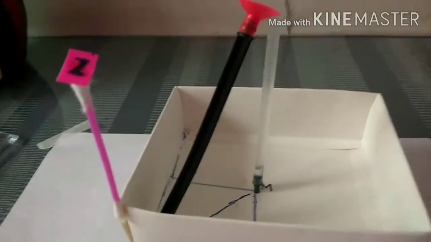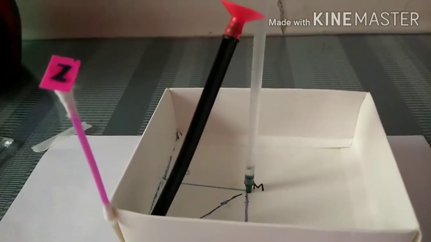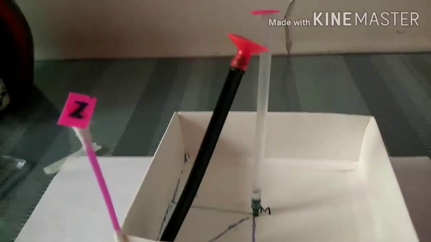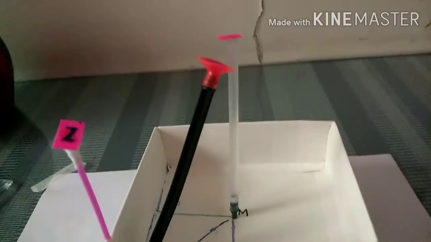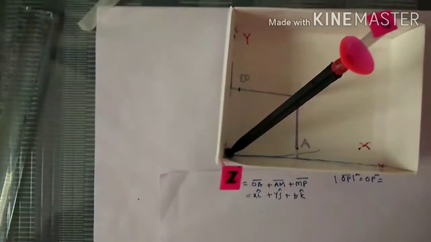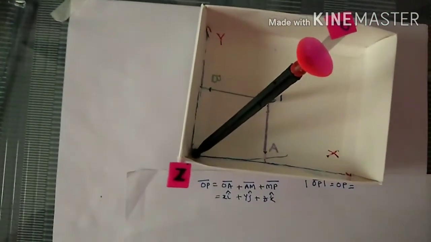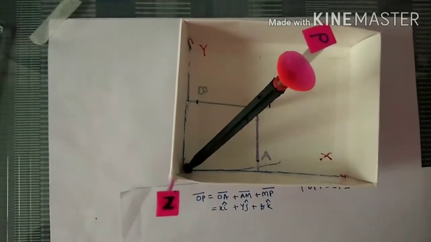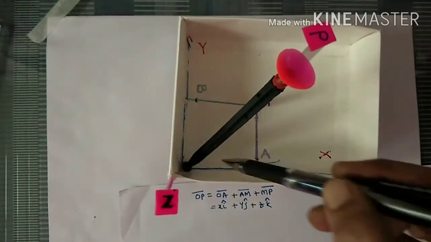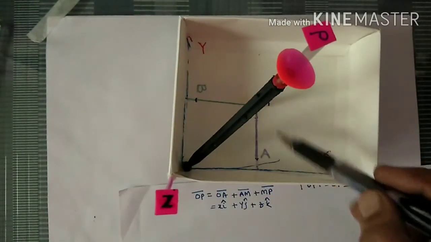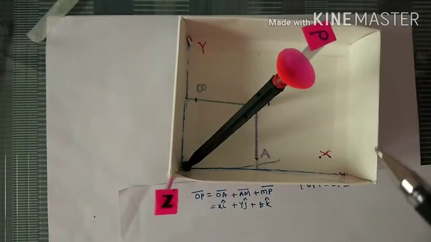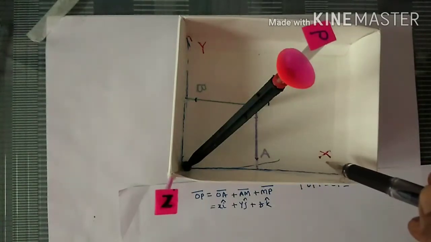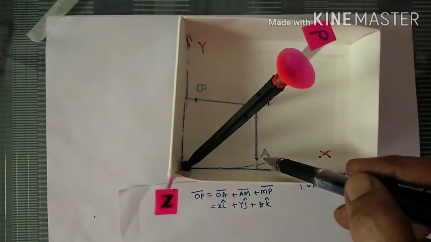Now let's find the position vector of P, that is OP bar. For that reason, I have joined O and P with a black color stick. Now OP bar is OA bar plus AM bar plus MP bar. So you can see here OA bar, then this point is M, so AM bar, and this is MP bar. OA is along the x axis and A is x, 0, 0.